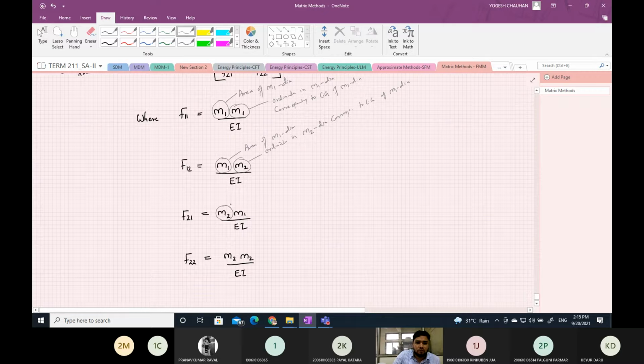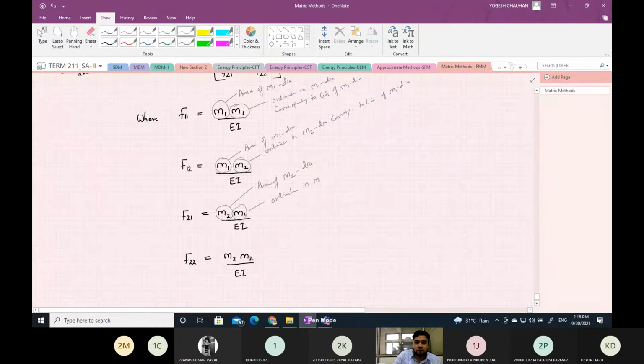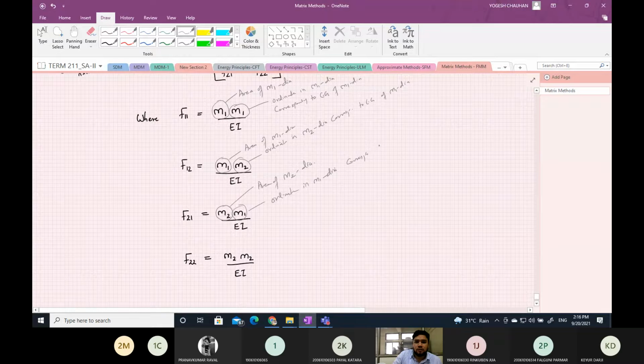So here, the area of the M2 diagram and the ordinate in the M1 diagram corresponding to the CG of the M2 diagram.